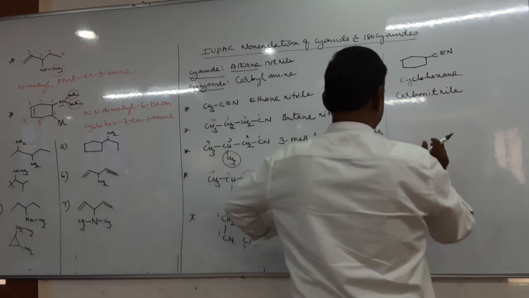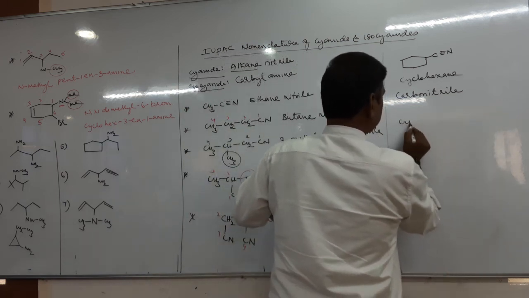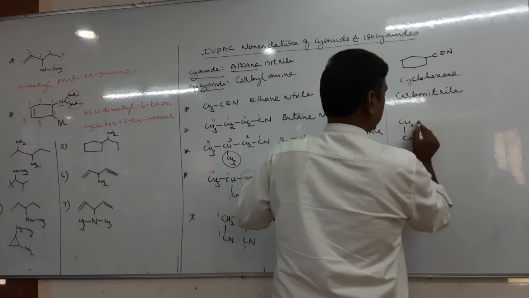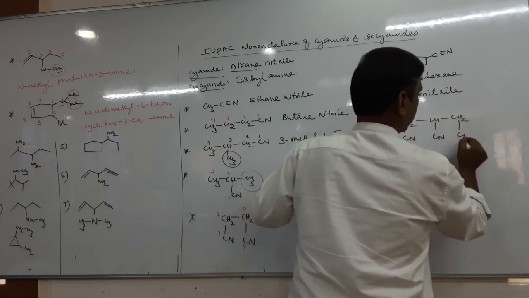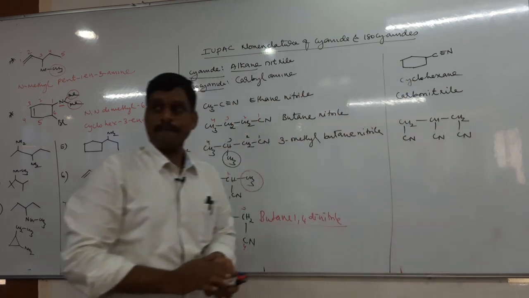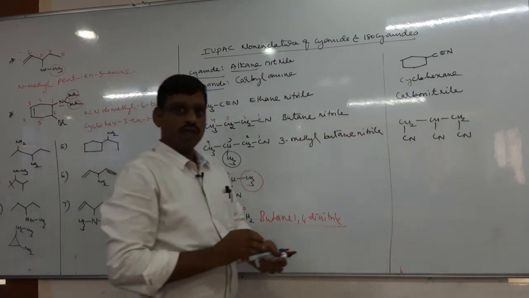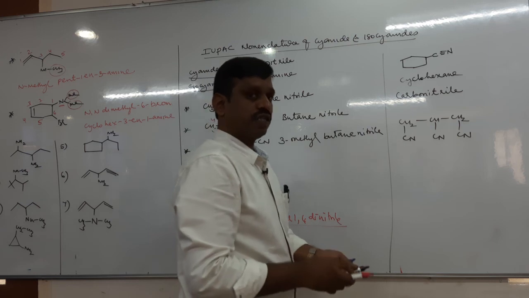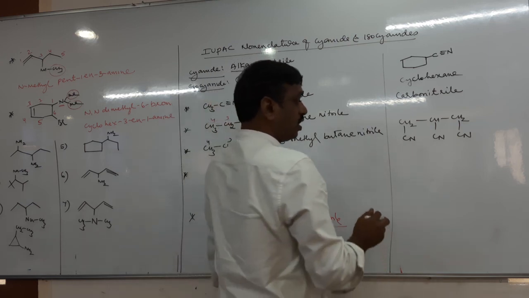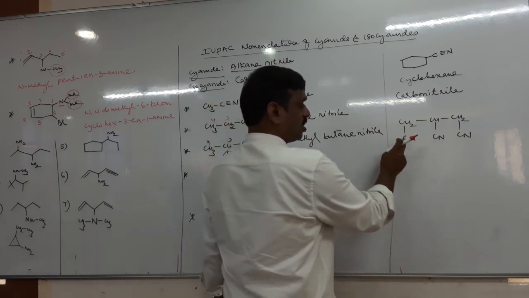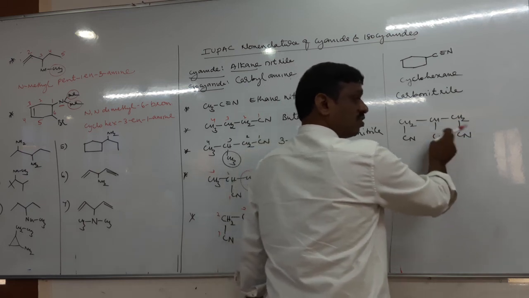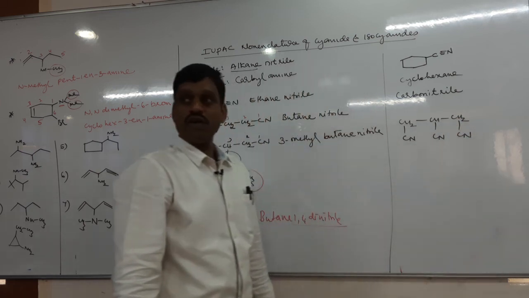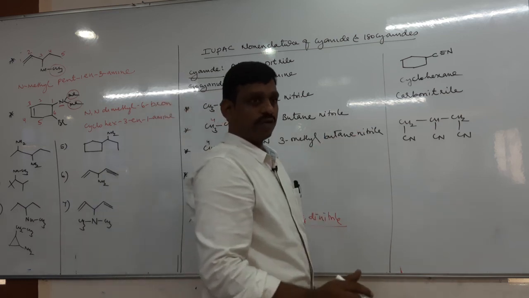Next, similarly, if it is CH2CN, CHCN, CH2CN, just like carboxylic acid, like in tricarboxylic acid we have written this name. Then tell me, if you take this 1, 2, 3, 4, 5, it is a dinitrile, but this CN you cannot take in the nomenclature.